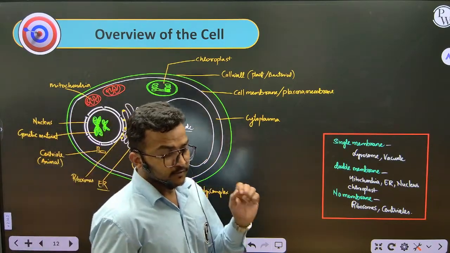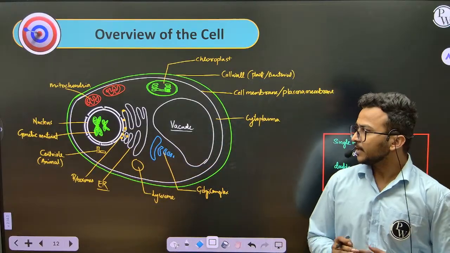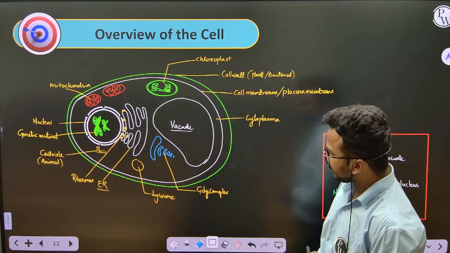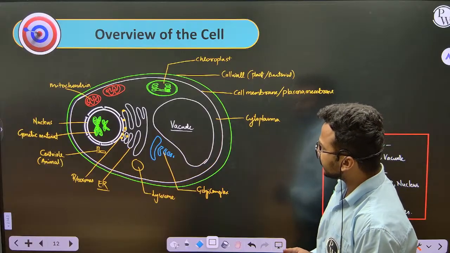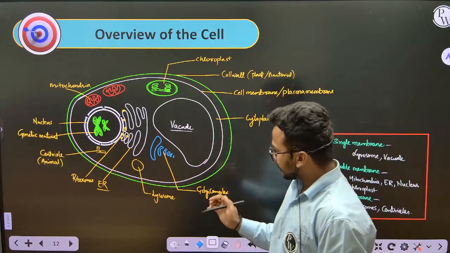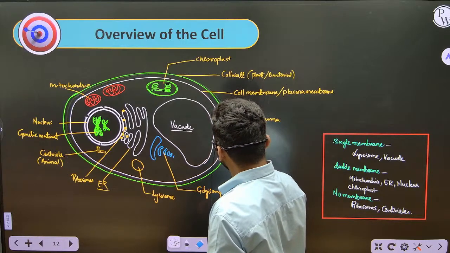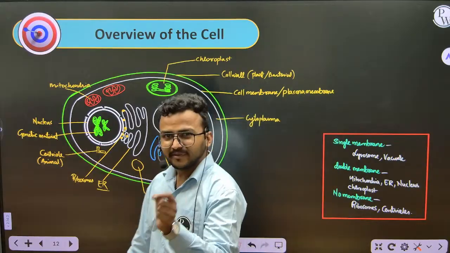Okay. So now let us come to the size and shape of the cell. Will all the cells have the same size and same shape, or will there be size differences? That is what we will be seeing. So there will be some size differences.